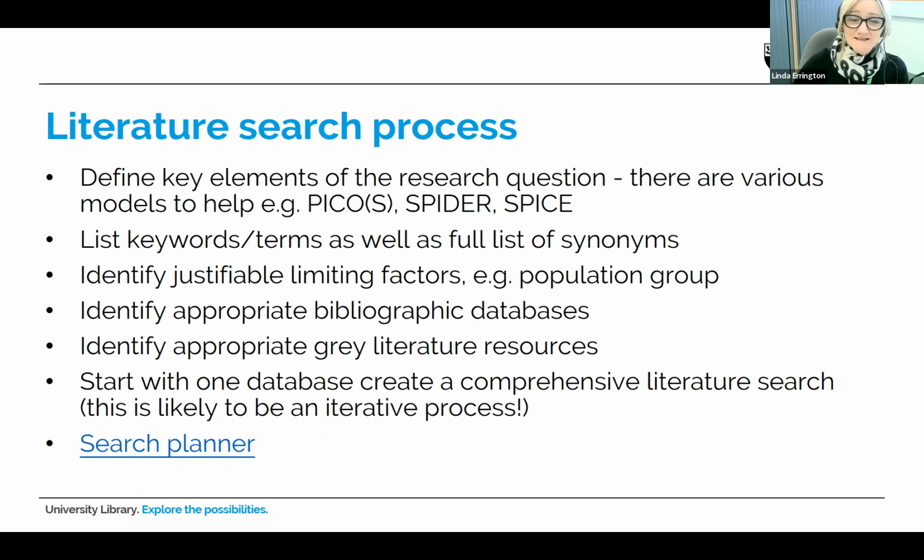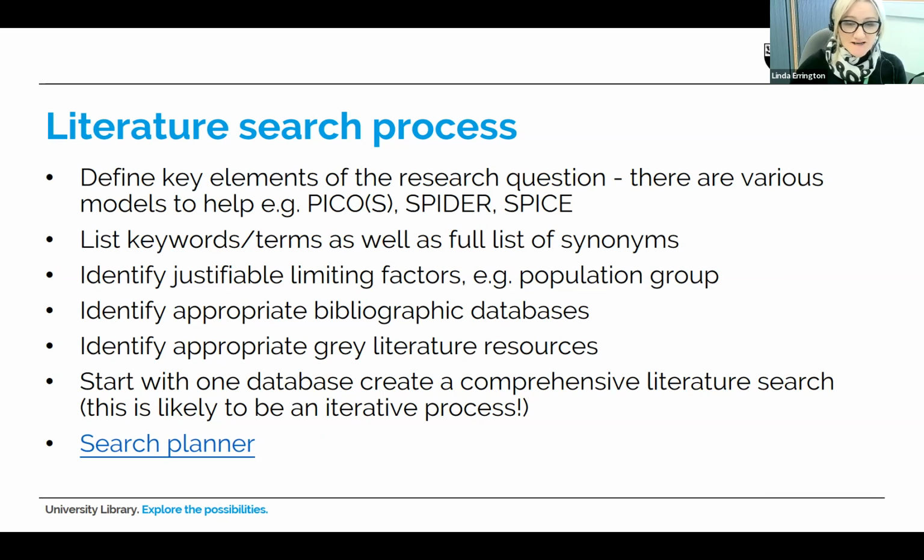SPIDER is sample, phenomenon of interest, design, evaluation and research type. And SPIDER is commonly used for qualitative and mixed methods research. SPICE, another one, looks at setting, perspective, intervention, comparison and evaluation.